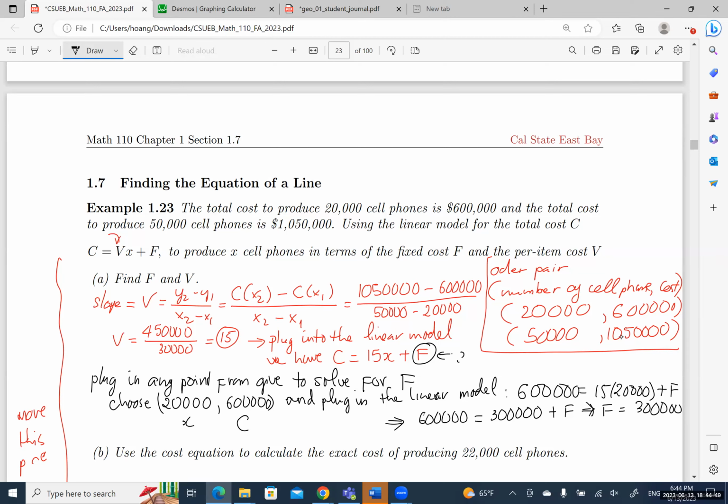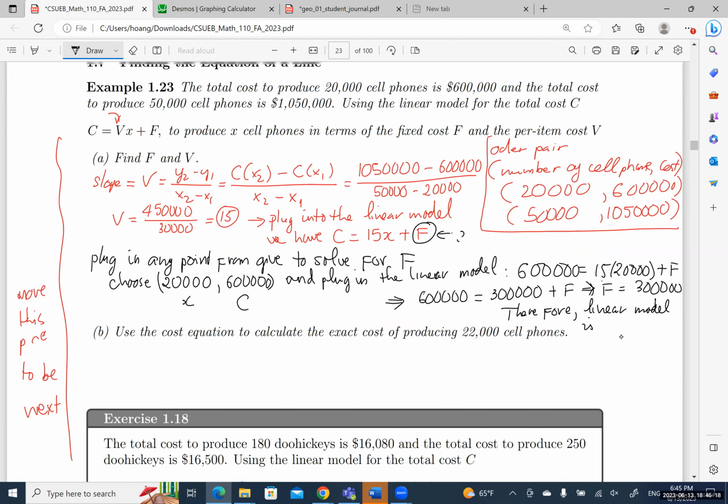So then I'm going to write out here. Therefore, the linear model is, okay, so let's move up a little bit.